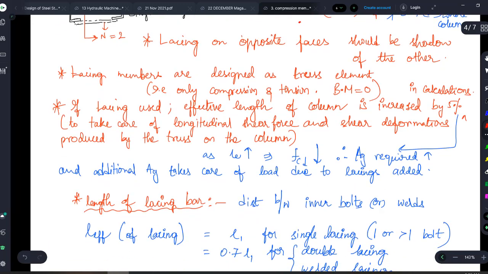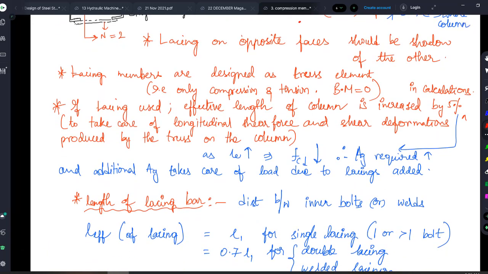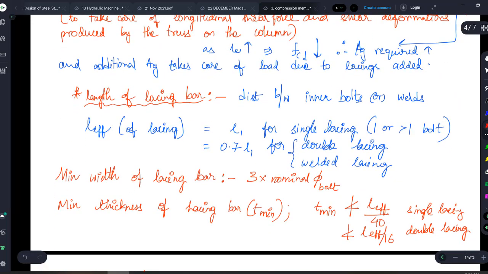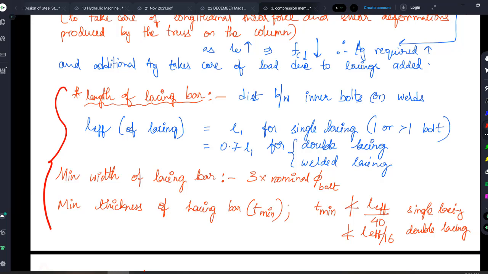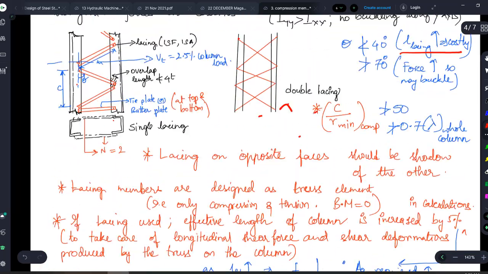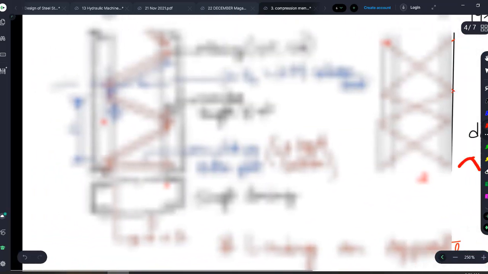Okay, got it. So there are some more questions which can be coming for objective purpose, so be careful and you should never make a mistake. These are directly from your code book. So the length of a lacing bar will always be measured from inner bolts or welds. For example, we will see in this case.